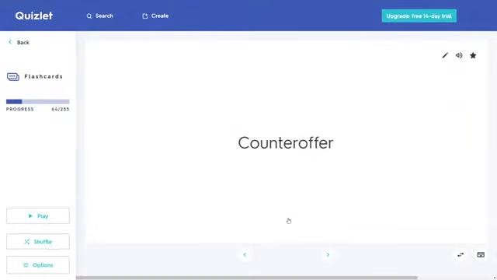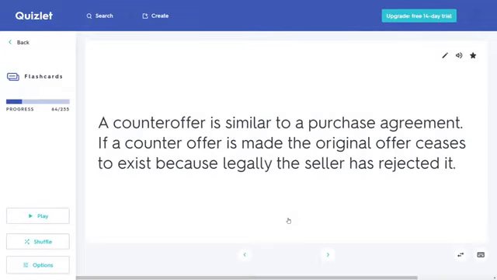Okay, counteroffer. Okay, this is a good one. I'm going to give you guys an opportunity to think this one over. Okay, so a counteroffer. What is that? Well, it's similar to a purchase agreement. However, a counteroffer makes the original offer cease to exist because legally the seller rejected it.